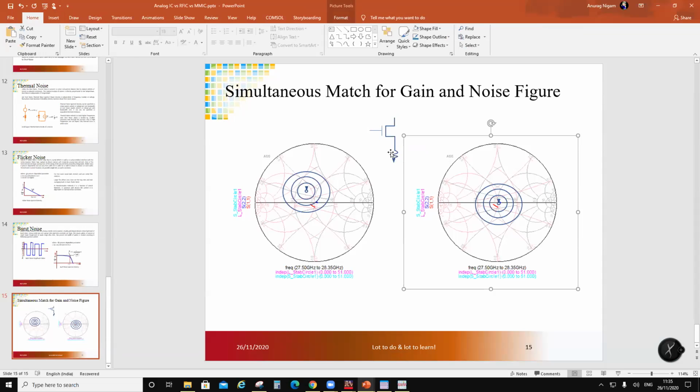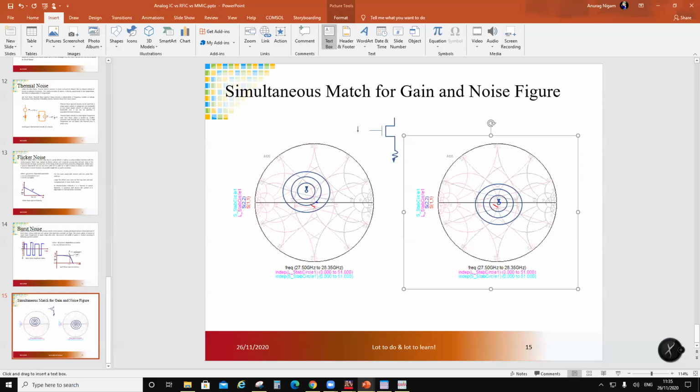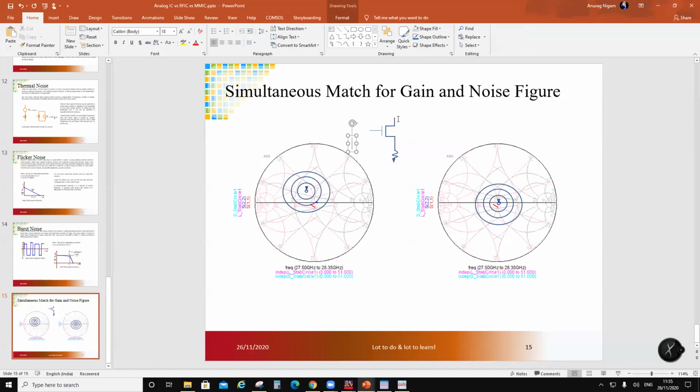So by working with this inductor, what did I do? I want to bring this to match to 50 plus JX. There are many papers you can read about this simultaneous match 50 plus JX. So this inductor brought me to 50 ohm. And then I cancel this JX with minus JX. And I had a 50 ohm match.